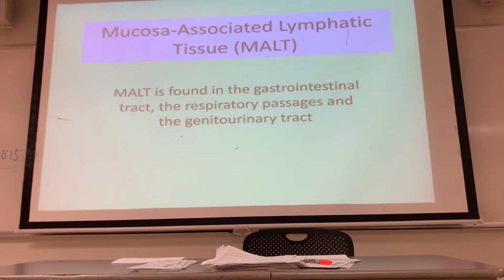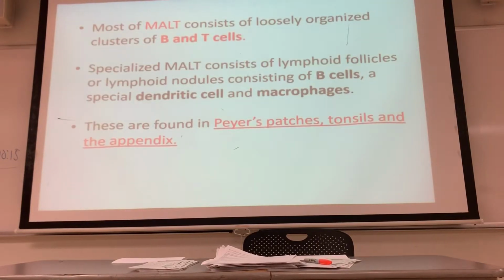So, this is the MALT I'm talking about, found in the gastrointestinal tract, respiratory passages, and genitourinary tract. It also has many functions, because MALT is composed of B and T cells. These are lymphocytes, okay? And then it is specialized also with B cells, dendritic cells, macrophages.